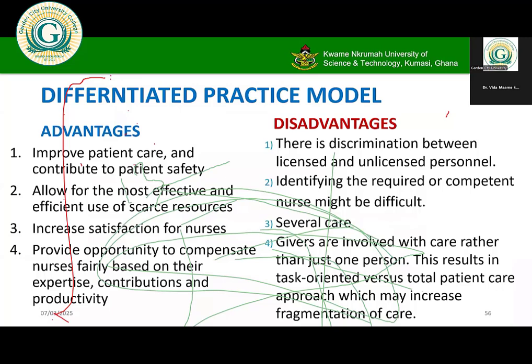And the disadvantages are there is discrimination between licensed and unlicensed personnel. Identifying the required or competent nurse might be difficult. But now we have a lot of nurses with PhDs, masters, and degrees. We have a lot of them.